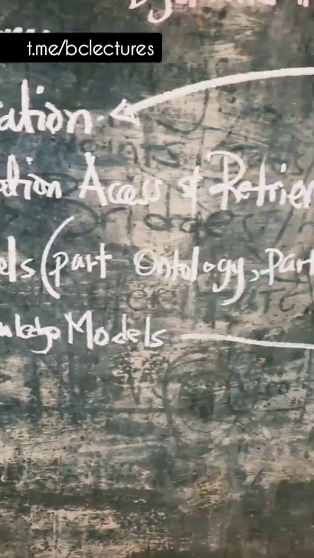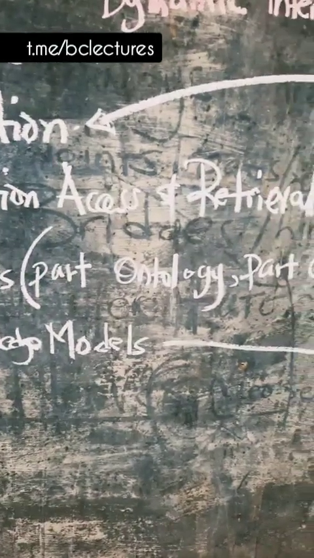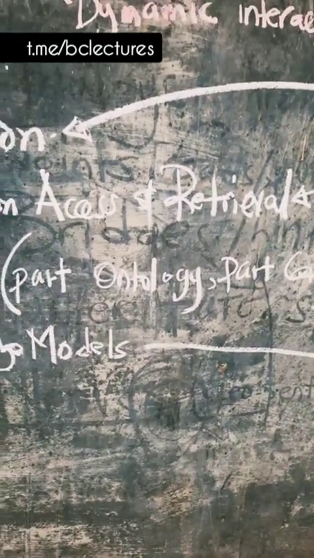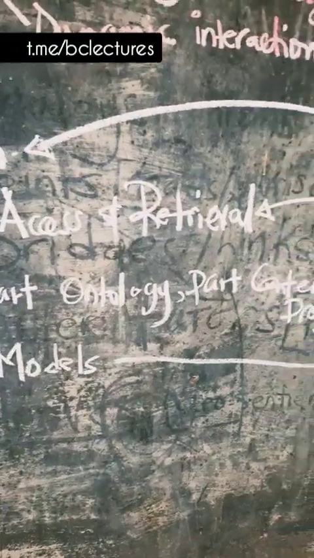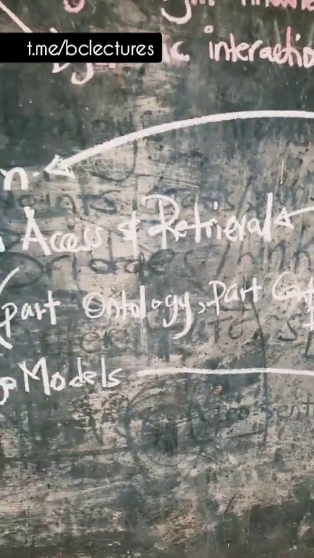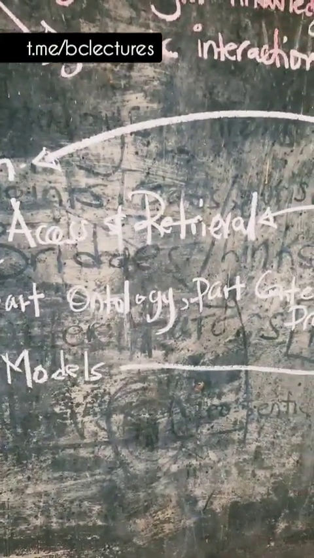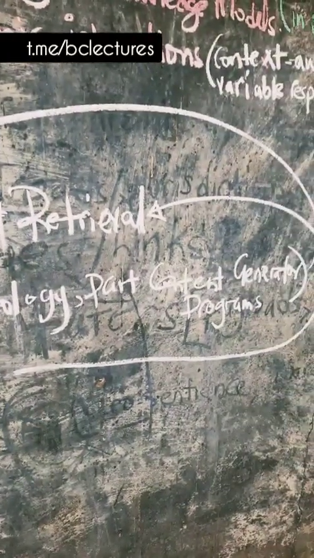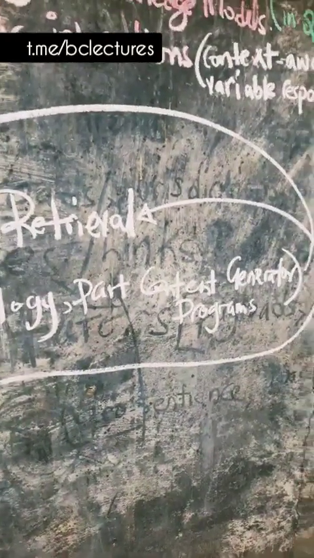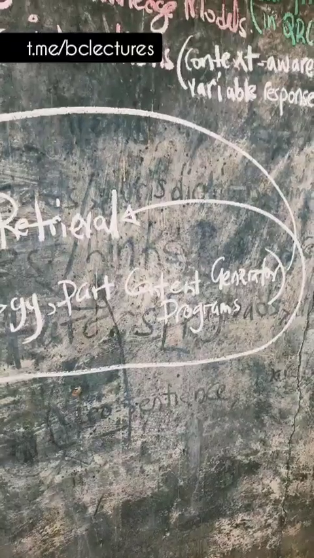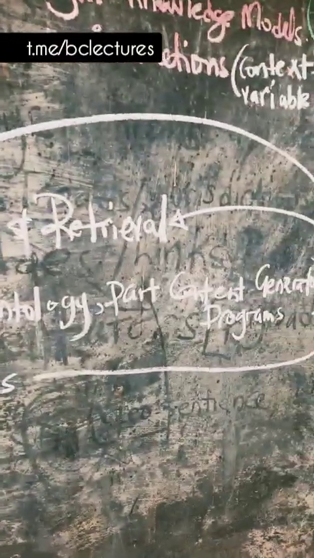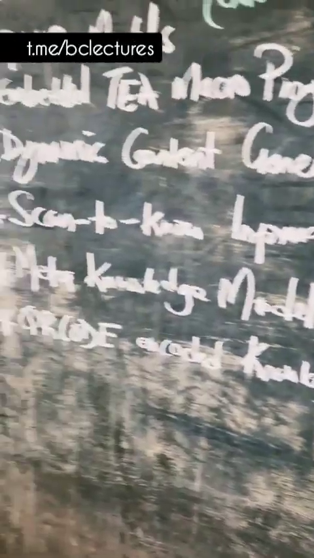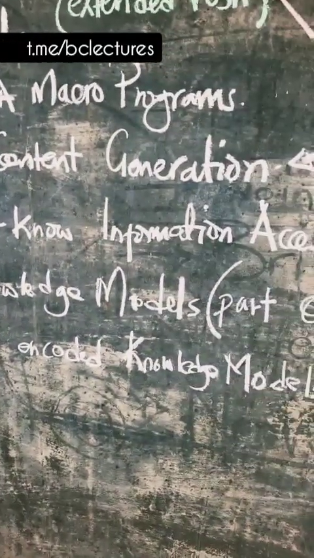So meta knowledge models are going to be part ontology, which is the current implementation where you have questions and what answers they may map to, or topics and what descriptions or content they map to. But we are also going to combine in some content generator programs. So embedding T programs in the knowledge model is going to create what we are calling meta knowledge models.